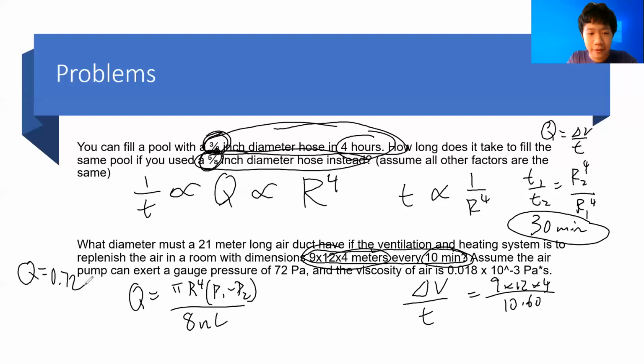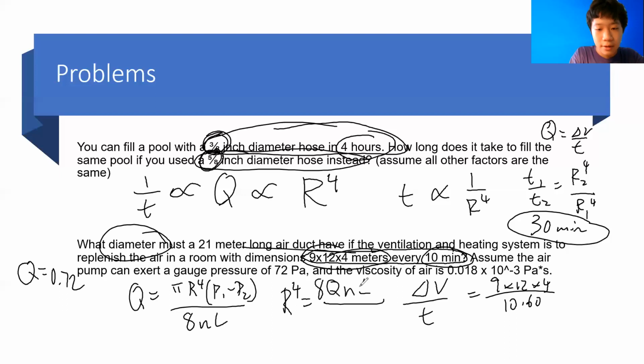So what do we need to solve for? We need to find the diameter of the air duct. So we're going to have to isolate R in this equation. So R to the fourth equals 8 Q eta L over pi times the pressure difference. All right, so all we're going to do is plug in values now.